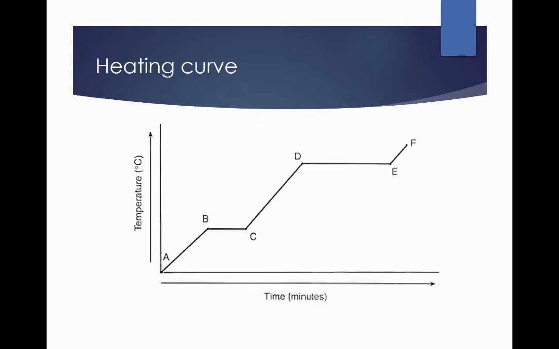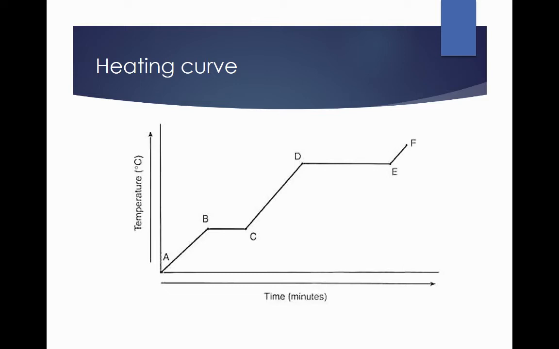Okay, next, we come to this portion called the heating curve, which is the exact opposite of a cooling curve. As time progresses, you realize the temperature is increasing, and this time there are two horizontal portions, BC as well as DE. Now for BC, what process is taking place?